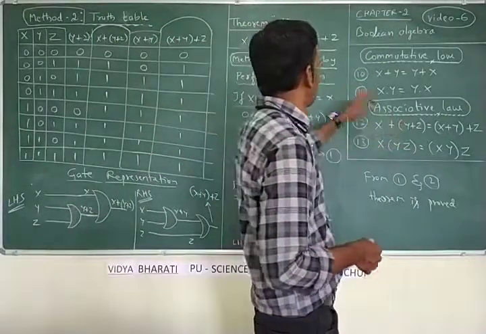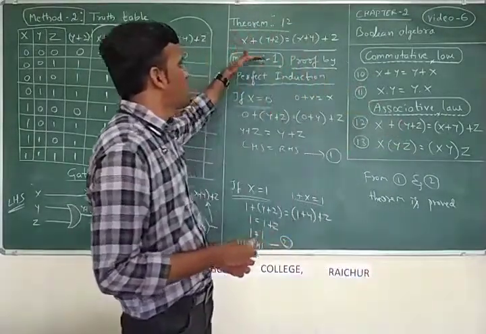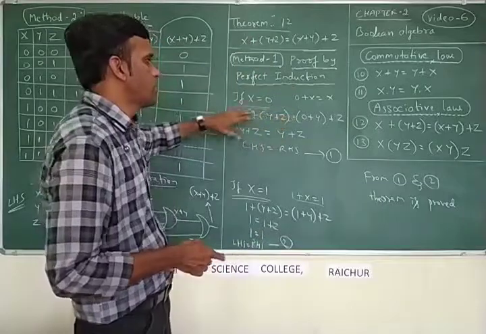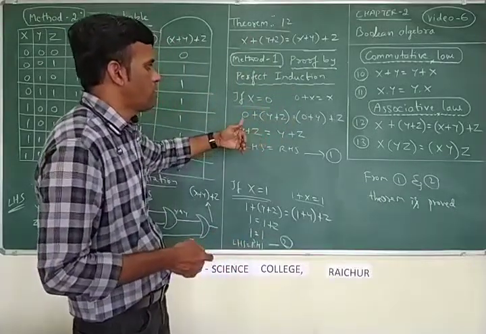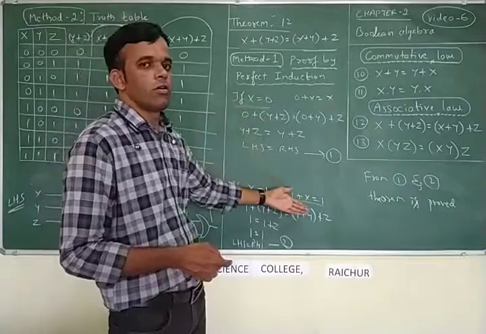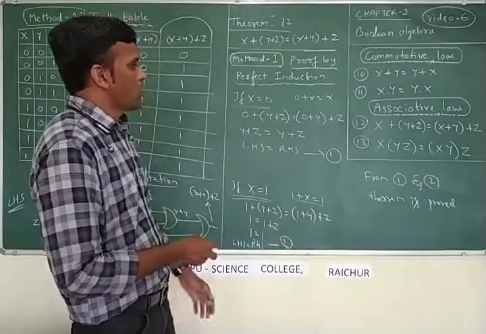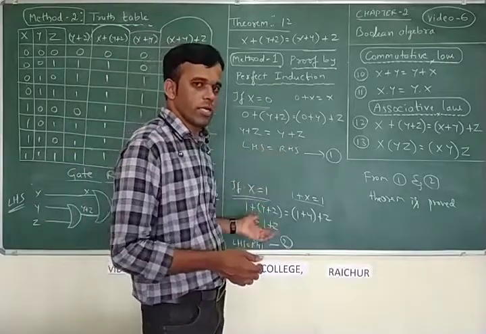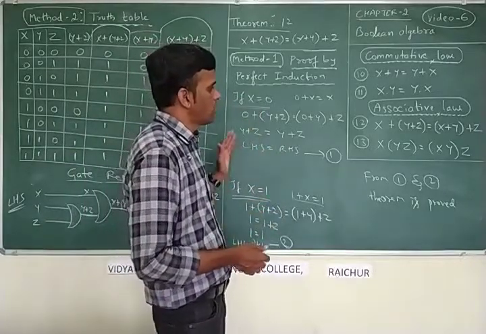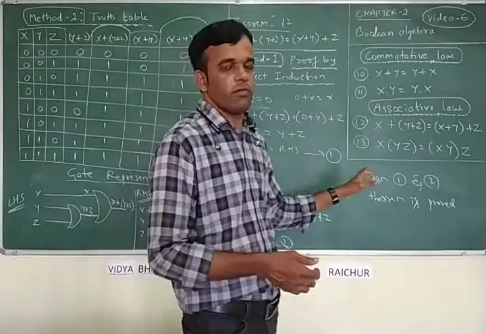Instead of plus you write dot here. When it comes to proof by perfect induction, you can use the theorem of property of 0 and property of 1. Then of course we get LHS equals RHS in both the cases. Then it is the proof by perfect induction.